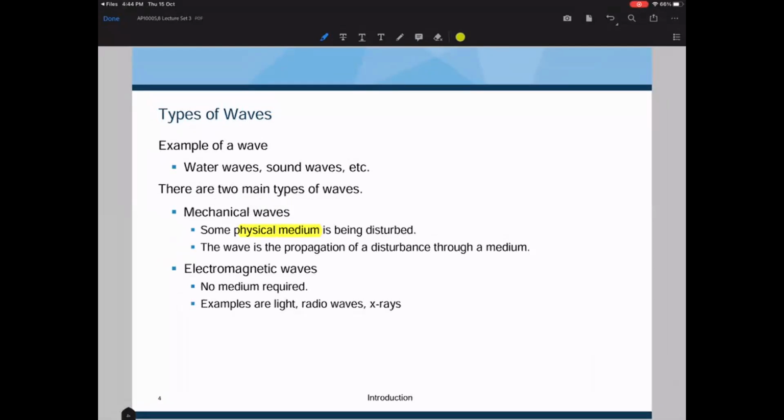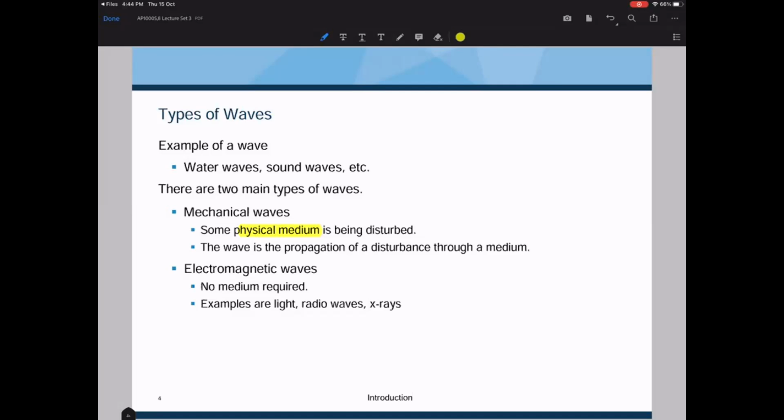It may be a useful material, for example, a string, or it may be a less useful material, such as air, which by itself is not a good material, but it is important because without air, you will die. So it still requires the material as the medium for the transmission.